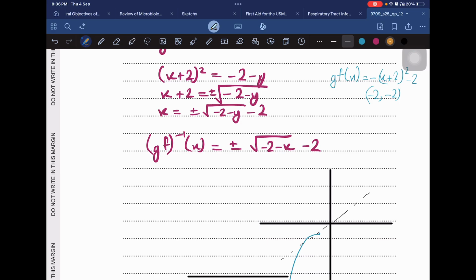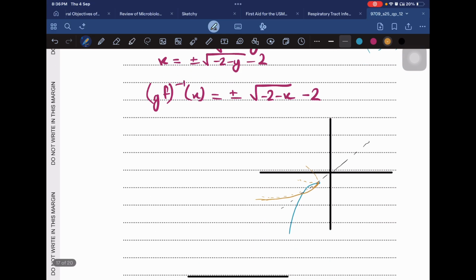we have to draw the inverse, so the inverse will be like this. The reflection in the line y = x will be like this.